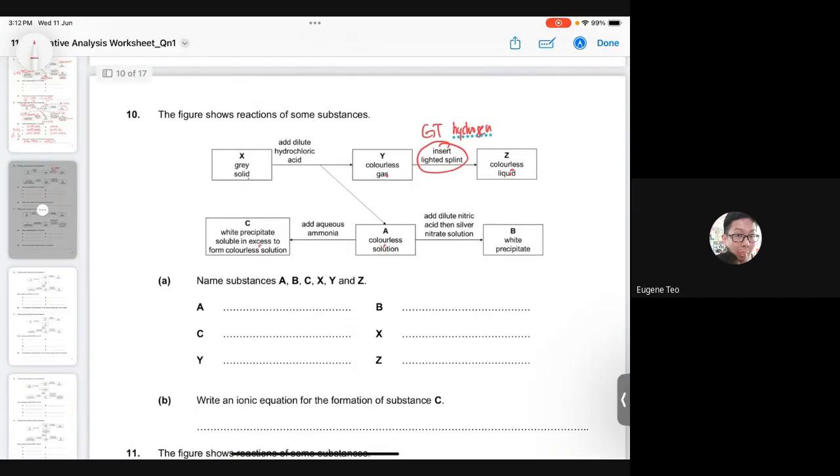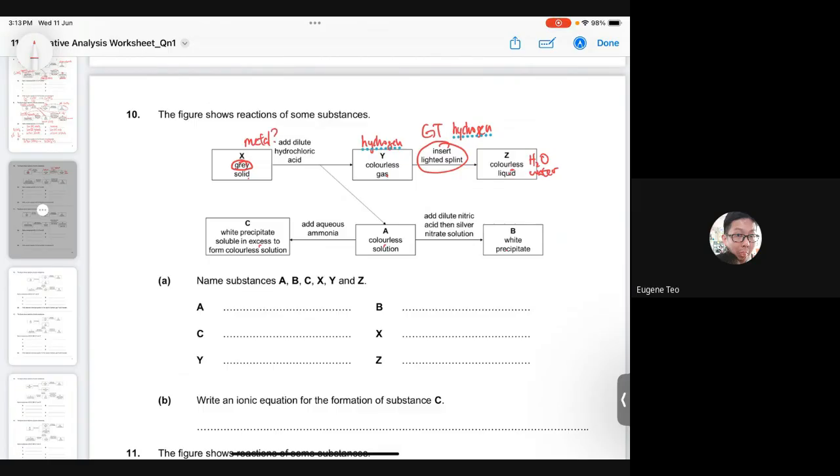So this colorless liquid here is actually H2O, which is water, which tells you that hydrogen must have been produced. In your syllabus, you know that the only way to produce hydrogen is metal plus acid, and you can see X itself is a gray solid. So I know that X must be a metal. But what metal it is, I don't know yet.